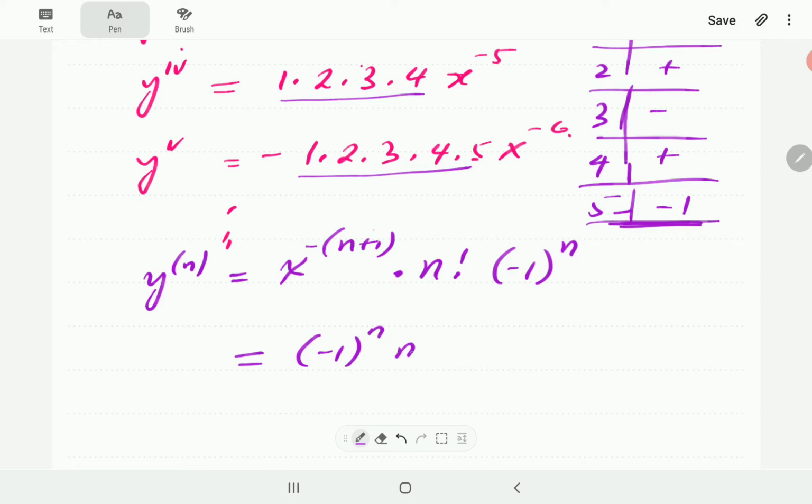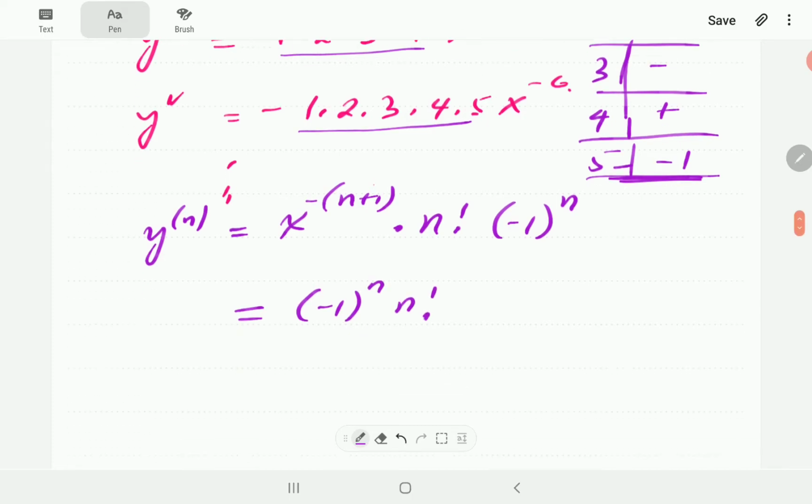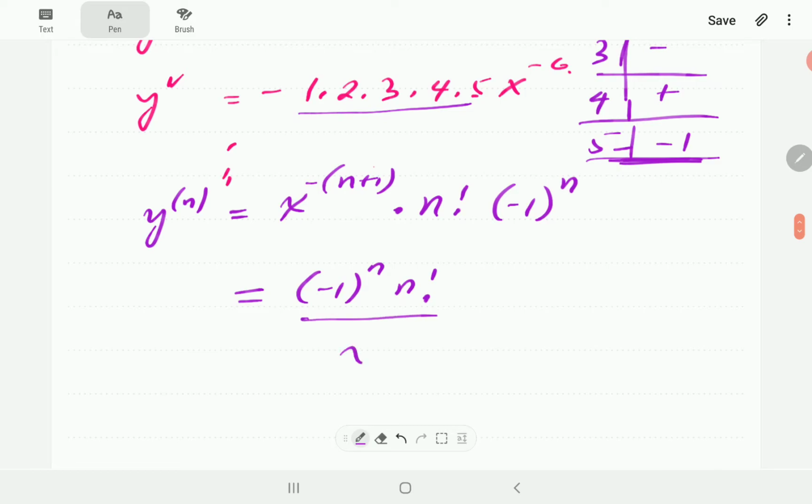So we can write it like this, and since the power is negative, we can bring this to the denominator. So that's going to be the formula that gives us the nth order derivative.